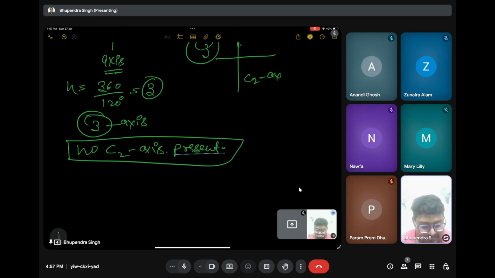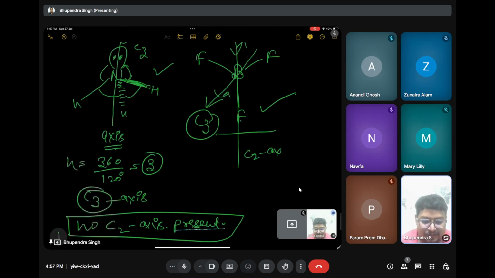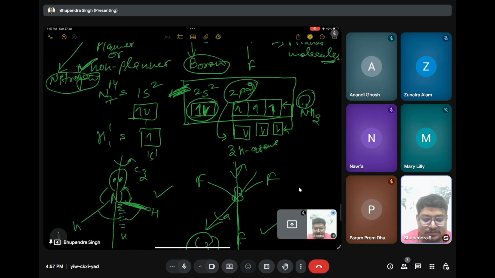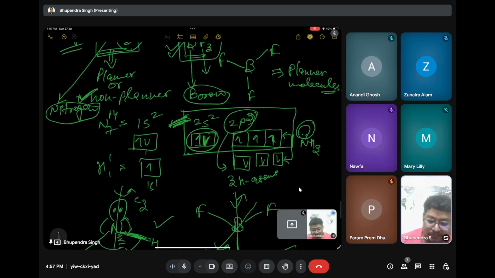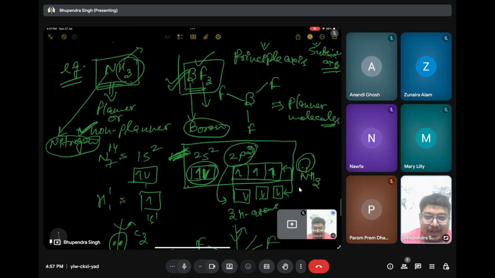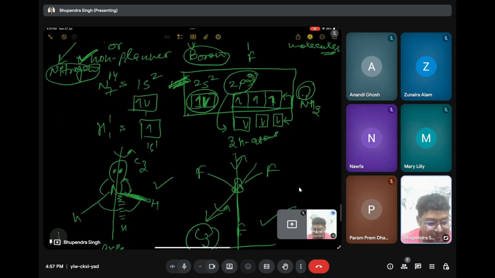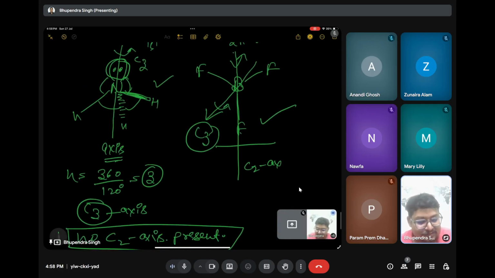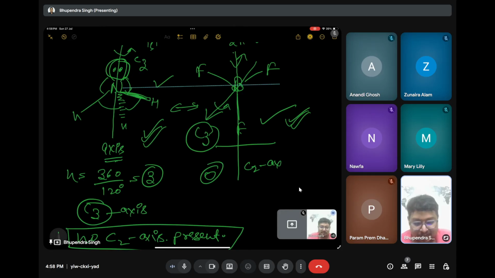This was actually a famous example during my days. My professor used to teach me this, and during that time my first exam was there, and he asked this question. It was the first question of the first quiz, and I was not mindful enough to consider this lone pair, and I said this also has C2, C3, that these two examples have no difference, and I got 0 in that question only.